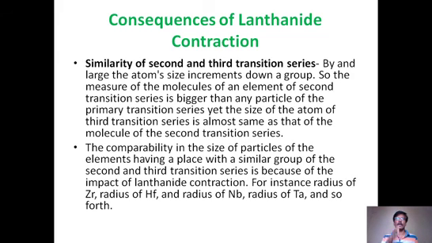When you go down in the periodic table, there is an increase in the atomic number as well as the orbit number. So when you come down a group, the atomic number is increasing and the orbit number is also increasing, so the atomic size or atomic radius increases further. Whereas in a period, if you go to the right side, atomic size decreases. In a group, if you go down, atomic size increases.